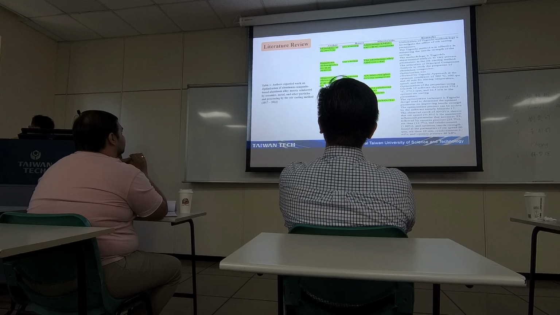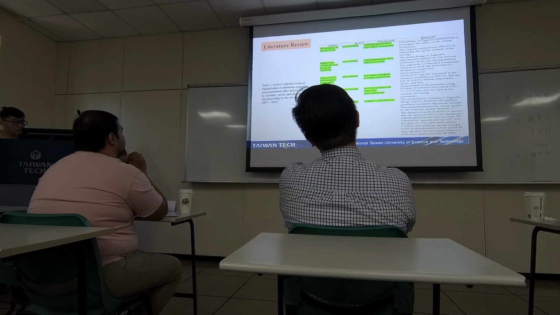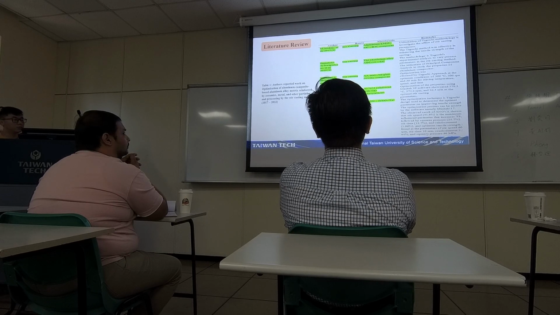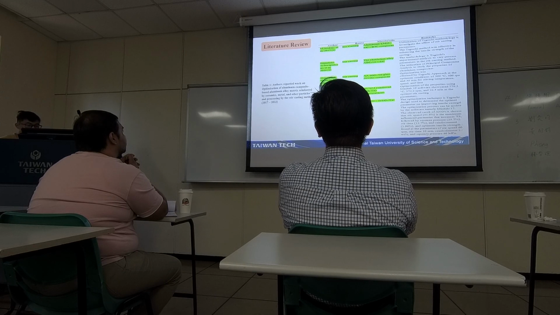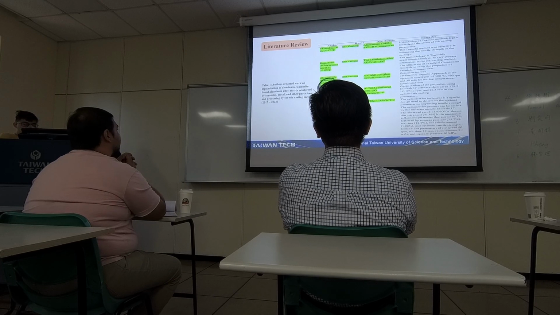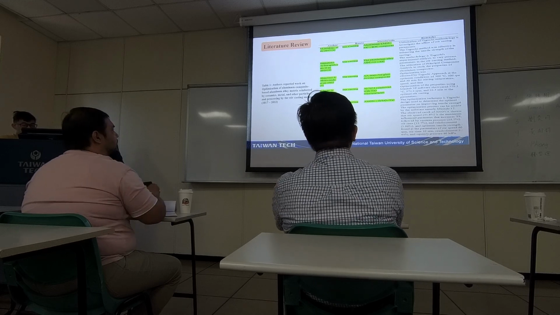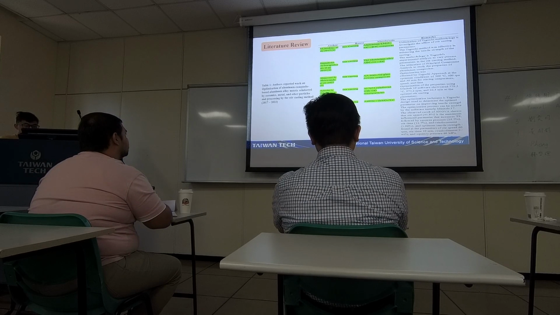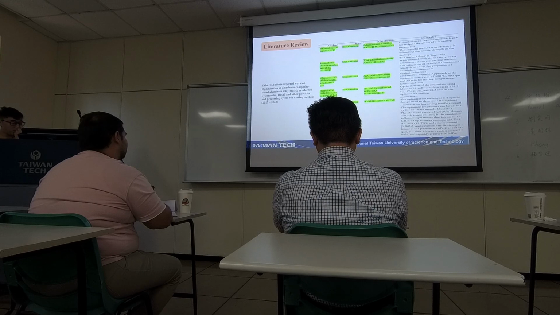Okay, this is the literature review we already read from the papers. There are 6 of them. First is from Arunraj, 2017, utilization of the Taguchi method to investigate the effect of stochastic parameters.